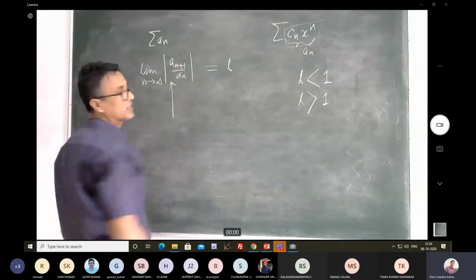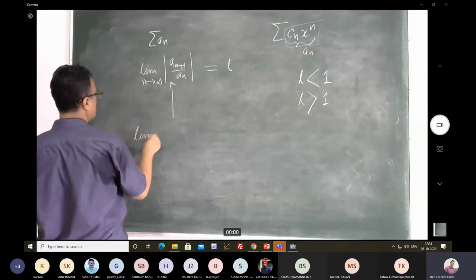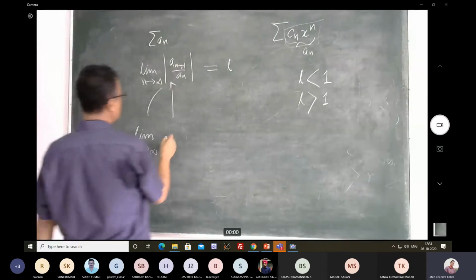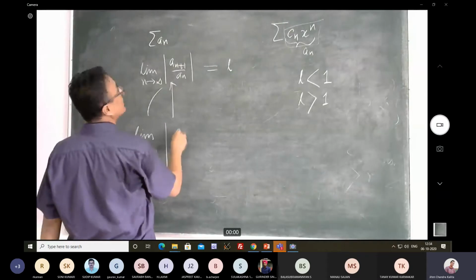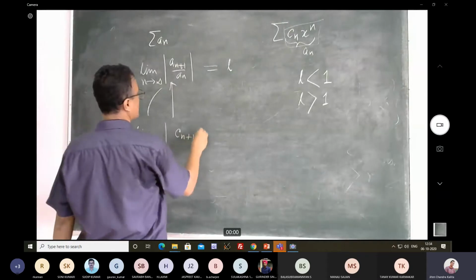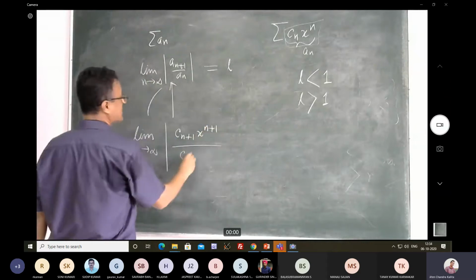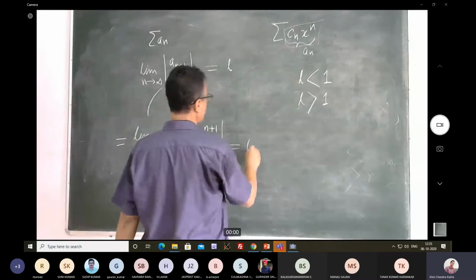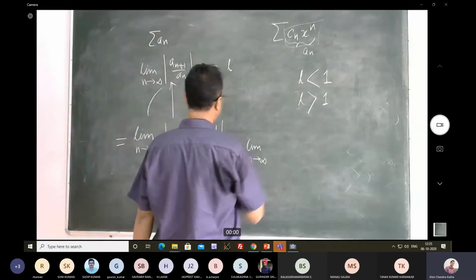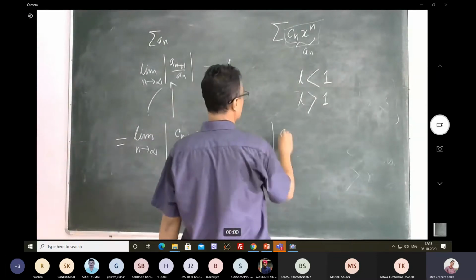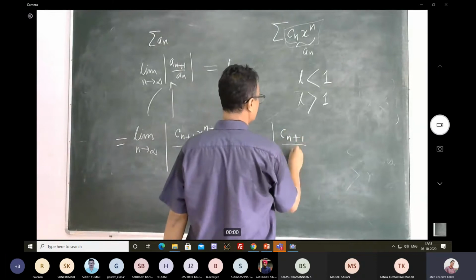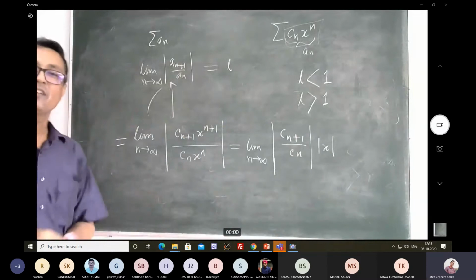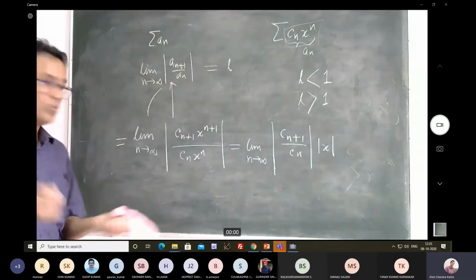Fine. So here, if I consider this as my nth term, the limit as n tends to infinity is going to be the ratio of C n plus 1 x to the power n plus 1 to C n x to the power n. That is going to lead me to mod x times the limit as n tends to infinity of mod C n plus 1 by C n. Is it okay? So far so good, right?